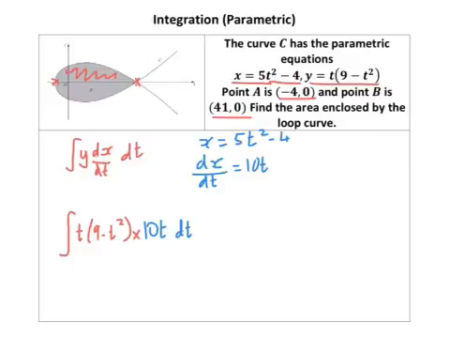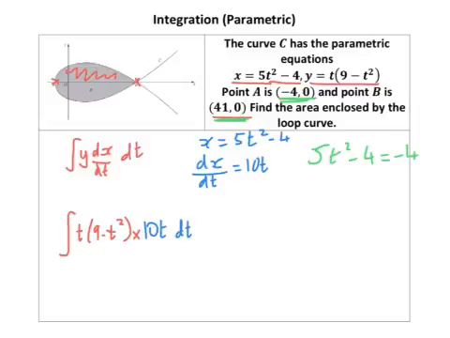Now the limits, you've got to be a little bit careful here. If we have got to put them in, when 5t squared minus 4 equals minus 4, that's our first limit because these are x limits, and we've got t's in here.